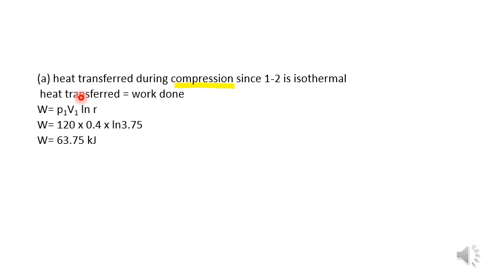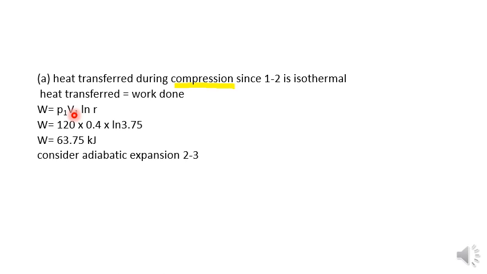Here du is 0, so dq is equal to dw. So dw during the compression process is P1 V1 log R, where log means log base e and R is V1 by V2. If it were an expansion ratio, it would be V2 by V1, but in the problem it is a compression ratio, V1 by V2.